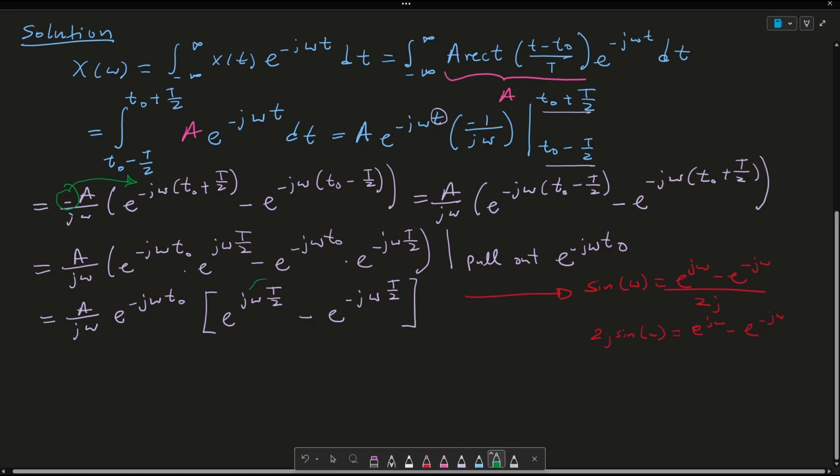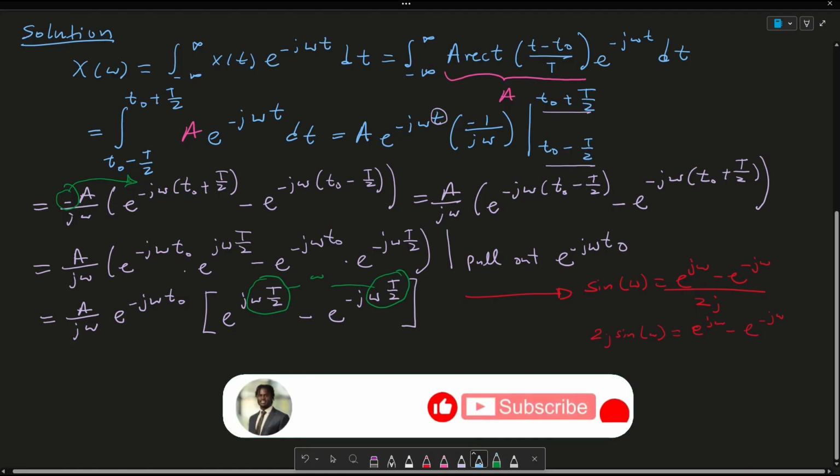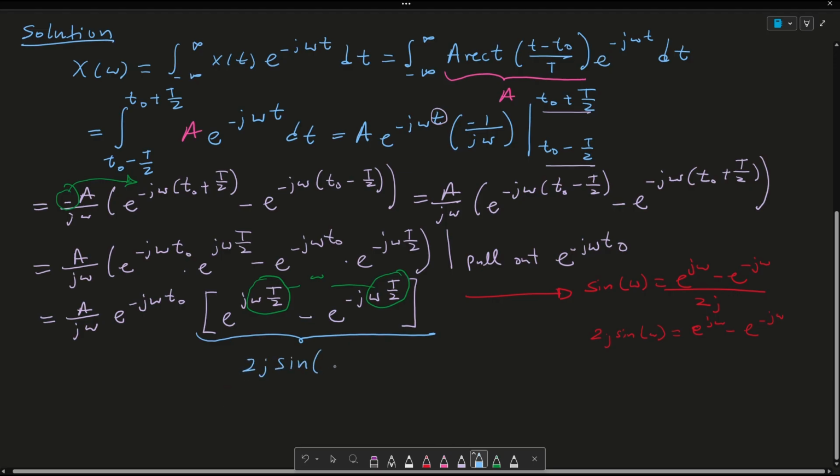If we consider that this term here, omega times T over 2, is my omega, I can say then that this here is 2j sine of omega T over 2. And I can go ahead and multiply it by A over j omega times e to the minus j omega t naught. Again, this is equated to my Fourier transform, capital X of omega.